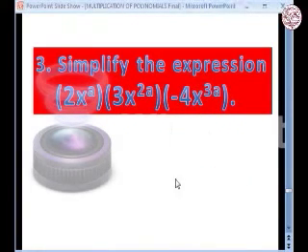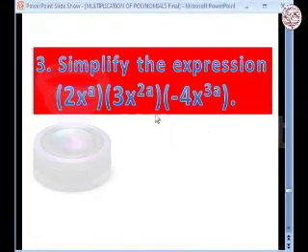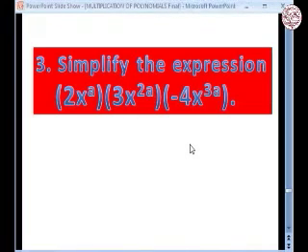Next, question number 3. Simplify the expression 2x raised to a times 3x raised to 2a times negative 4x raised to 3a. What is the simplified form of the expression? Letter A, negative 24.